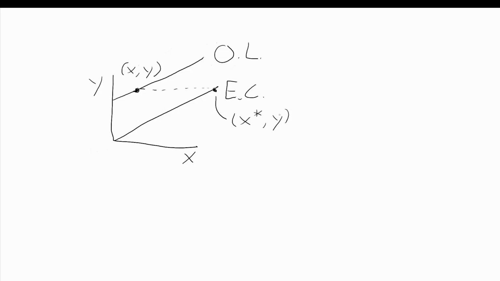So this becomes X star, Y. Down here, if we draw a line at this point X to the equilibrium curve, this is the point at which X is in equilibrium with Y star.